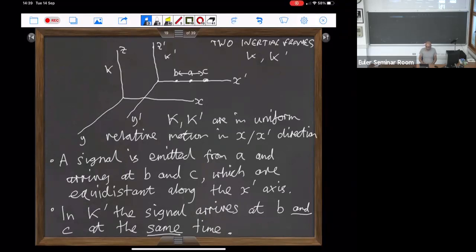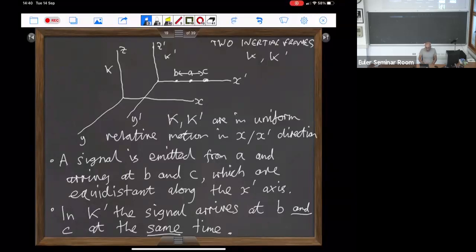K prime relative to K has the same Z coordinates and the same Y coordinates, but is moving relative to K along the X direction. Its X coordinate, I'm calling it X prime because it's not the same as X. Later on, we'll see how to get from X to X prime.